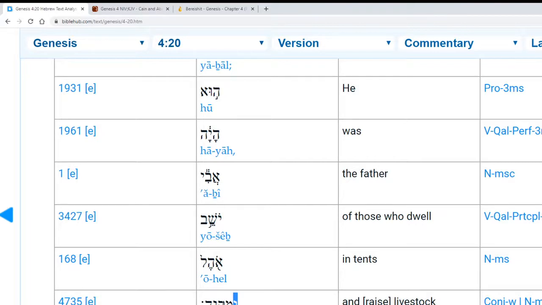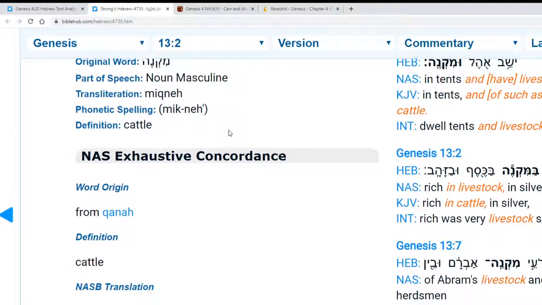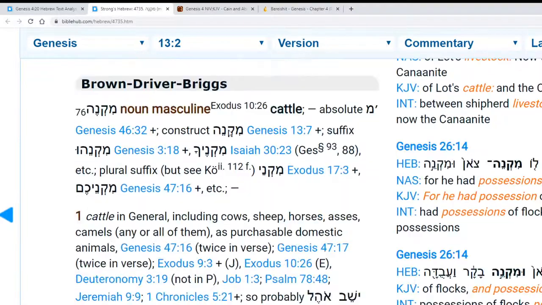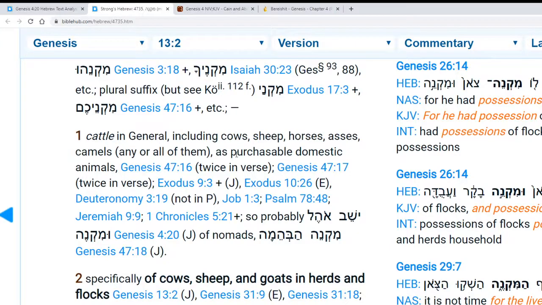I'm not sure if we've had mikne before. Literally, I think mikne comes from kinyan, to buy. So they're translating here as purchasable domestic animals, right? So yes, it means cattle, but it comes from kinyan, kof nun hey, meaning to buy.